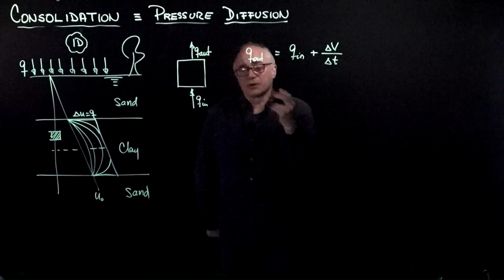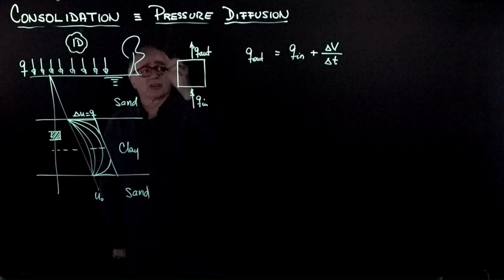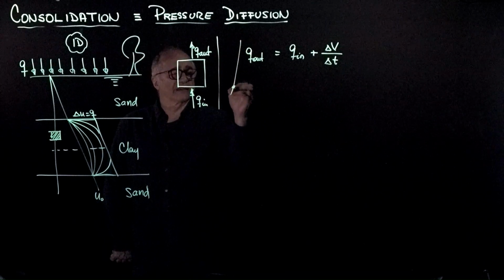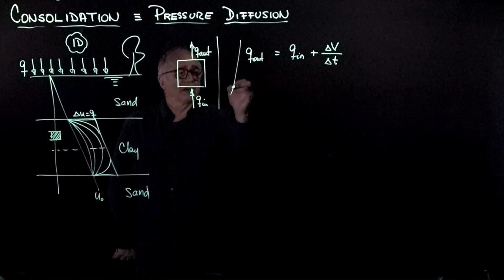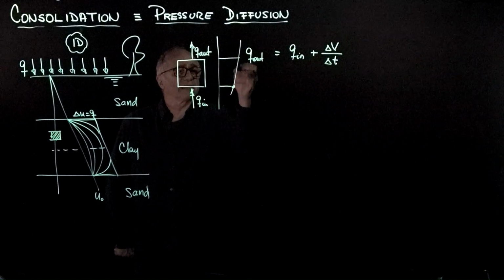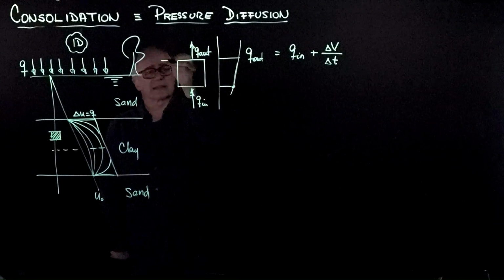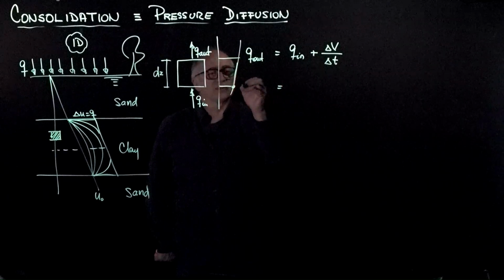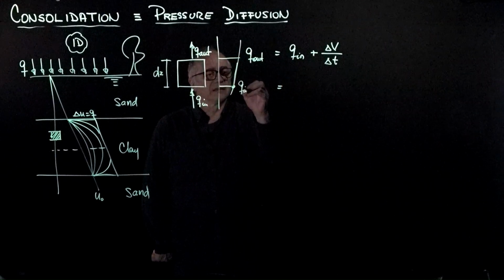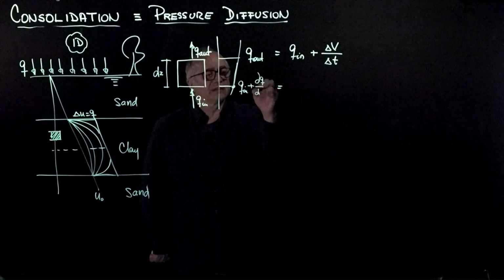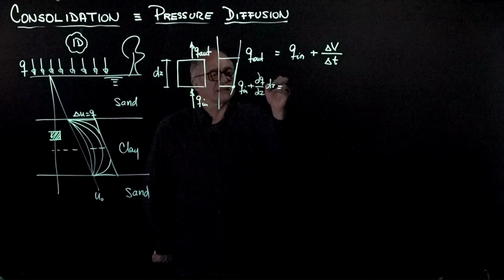Now, at any point, if you plot the Q in versus Q out as a curve, then we can say that Q out is Q in plus a gradient times delta Z. Therefore, let's replace here, and Q out is equal to Q in plus dQ/dZ times dZ.